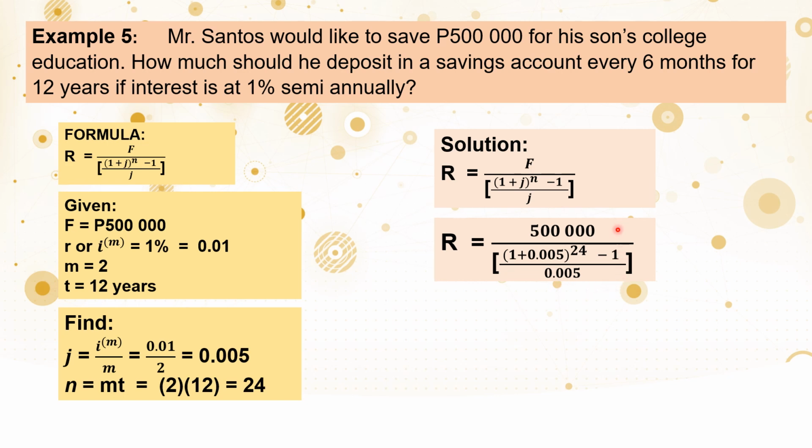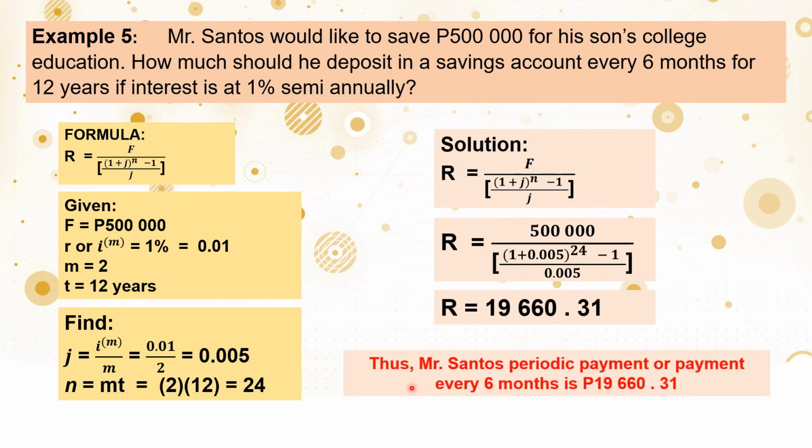Solving for this using our scientific calculator, we will get 19,660.31. Thus, Mr. Santos' periodic payment or payment every 6 months is 19,660.31 pesos.